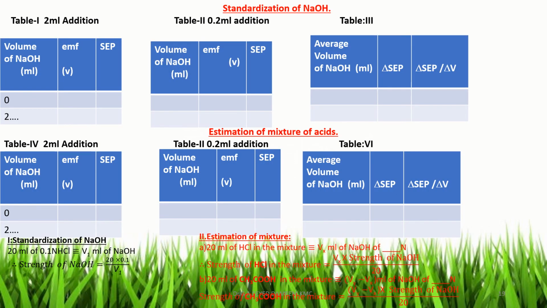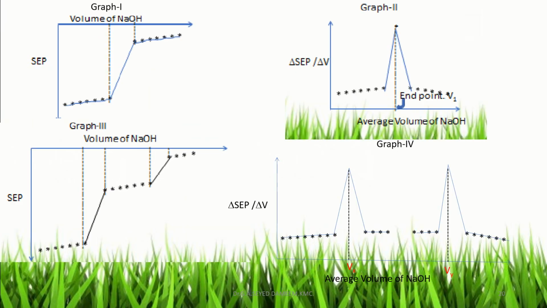This slide shows the tabular column and the nature of the calculation part: standardization of sodium hydroxide, estimation of the mixture, to determine the strength of HCl in the mixture, and to determine the strength of acetic acid in the mixture. This slide shows the graphs obtained in this experiment. Graph 1 is for the titration between standard acid and sodium hydroxide, and shows the endpoint range.